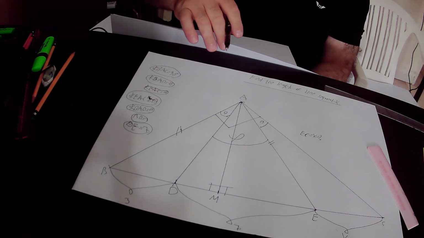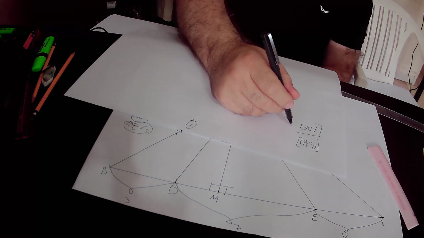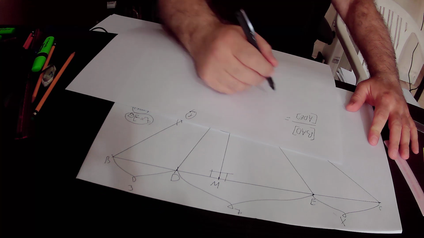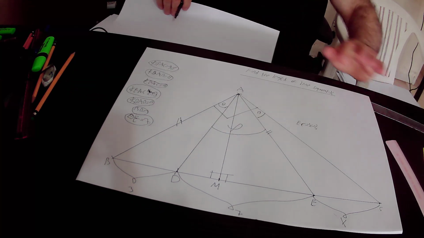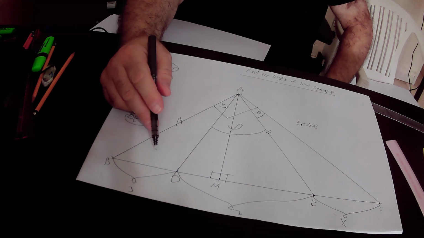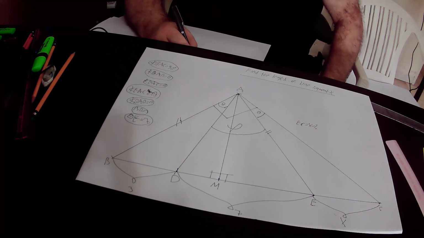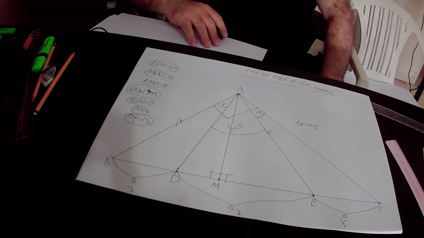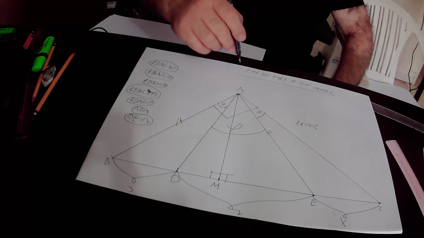The area of triangle BAD is equal to the base of the triangle, that is BD, times the height to the base, that is AM.